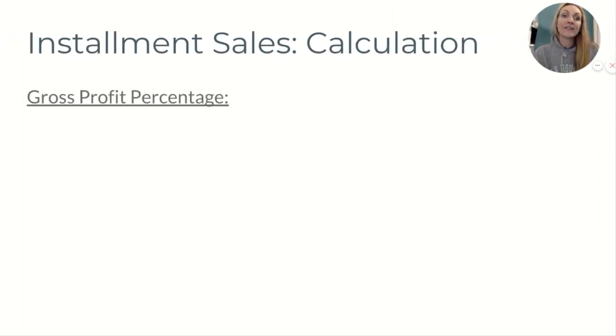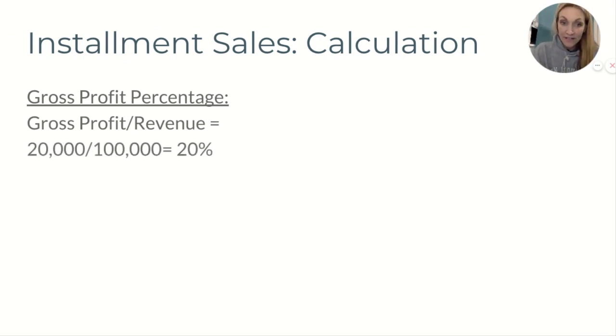So to go over a calculation, this is how the calculation works. First, you have to calculate the gross profit percentage, which is whatever gross profit is divided by the total income, and that gives you a percentage.